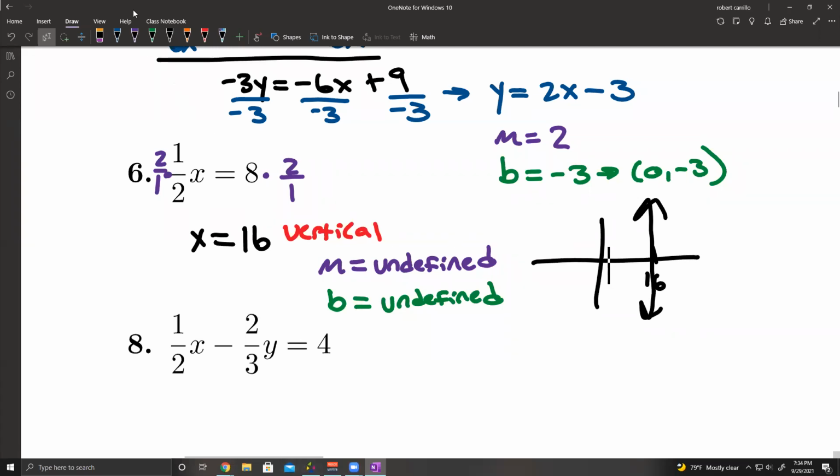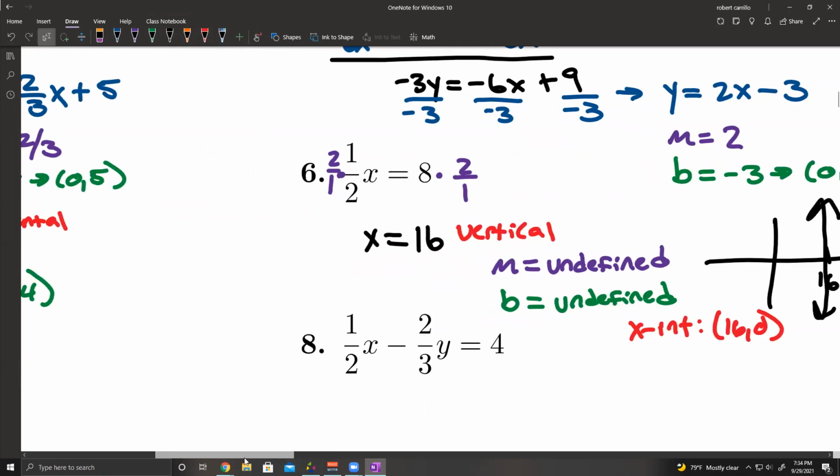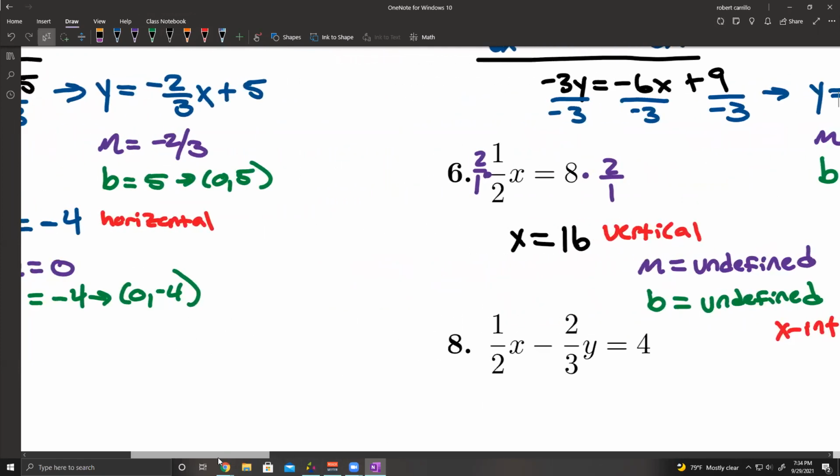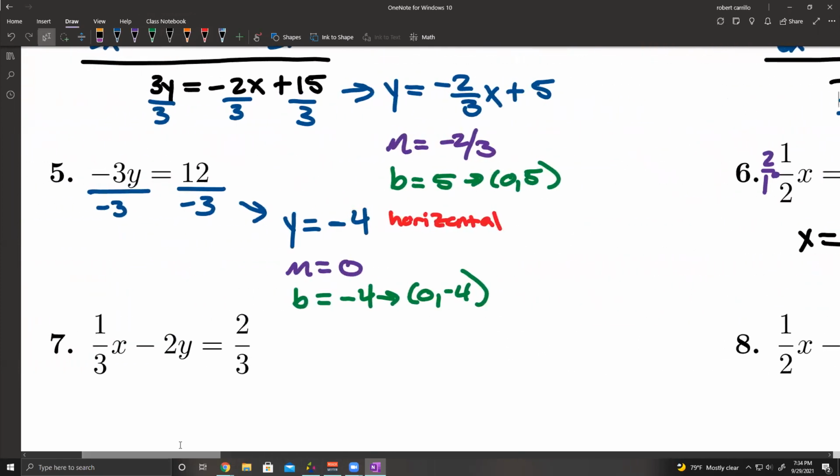Oh yeah, and I could state that here: since it's vertical, it doesn't have a y-intercept, but it has an x-intercept at 16 and 0. Crazy, right? All right. Horizontal and vertical lines. Okay.